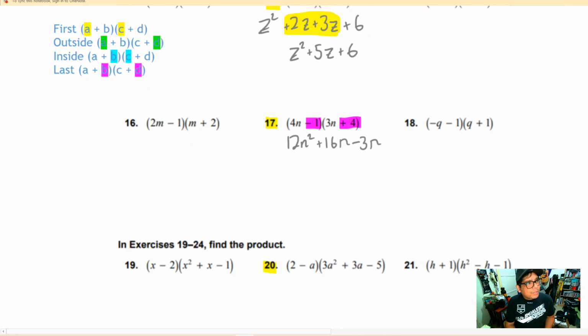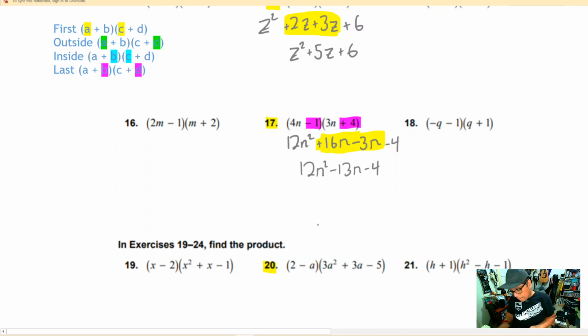And then minus 1 times plus 4, that's minus 4. We can combine these two terms right here because they both have an n. So you got 12n squared, 16 minus 3 is 13n, and then minus 4.